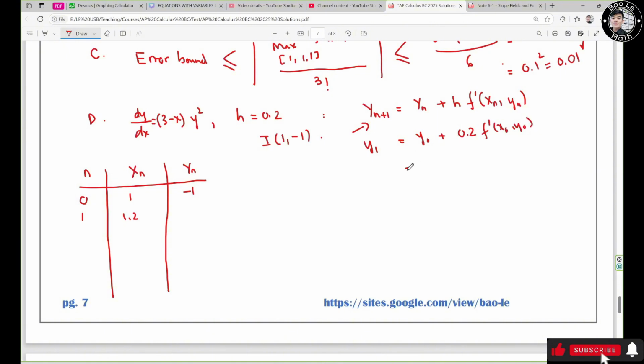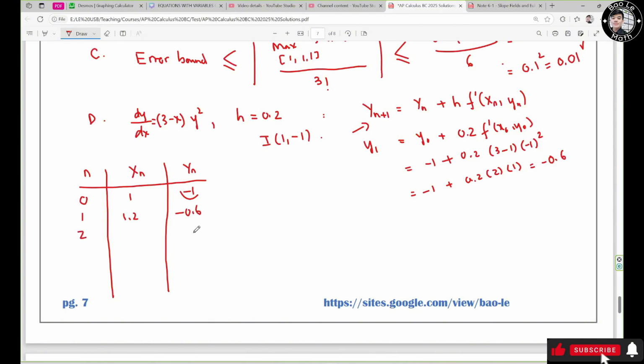So y0 is negative 1, plus 0.2 times the derivative at s equals 1, y equals negative 1. Substitute: 3 minus 1 times negative 1 squared. Simplifying, it's negative 1 plus 0.2 times 2 times 1, so it could be negative 0.6.